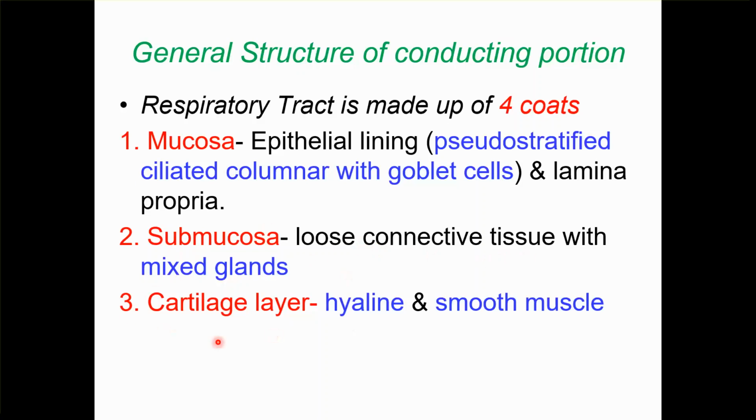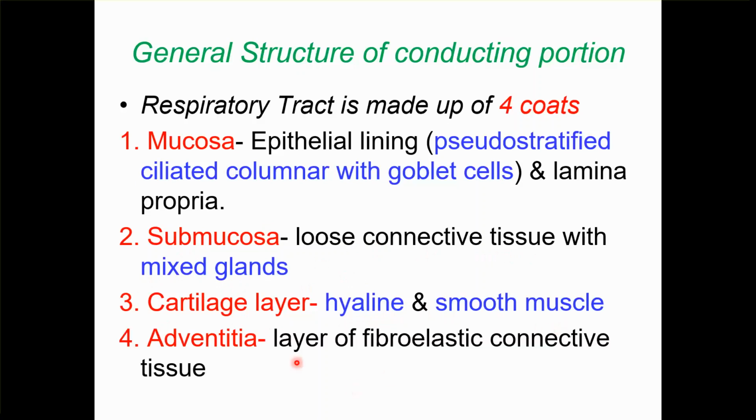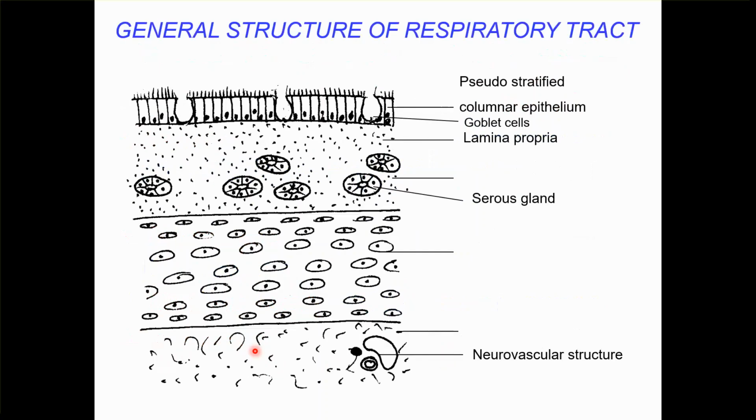Then comes the cartilage layer, which has hyaline cartilage, and also we can see smooth muscle. And the last layer is the adventitia, which is the layer of fibroelastic connective tissue. So there are four coats: mucosa, submucosa, cartilage layer and adventitia. Let's see in the next diagram.